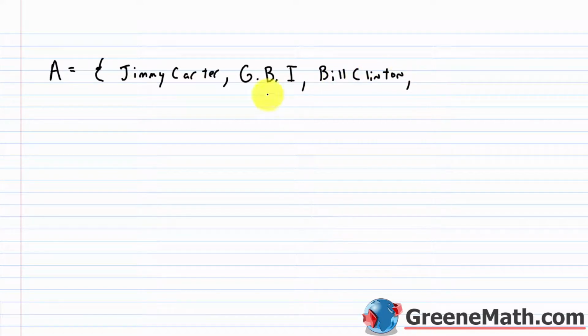And then comma, we're going to have George Bush number 2 or George Bush Jr. So G.B. and then 2. And then we're going to have Barack Obama. And to fit this on the screen, I'm just going to put B.O. And then we're going to close up with some set braces at the end. So these are all the living presidents as of 2015.